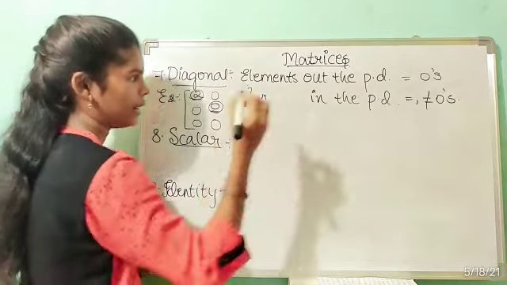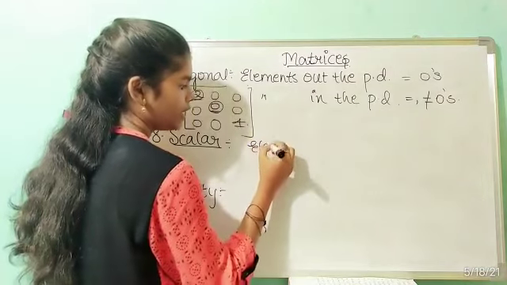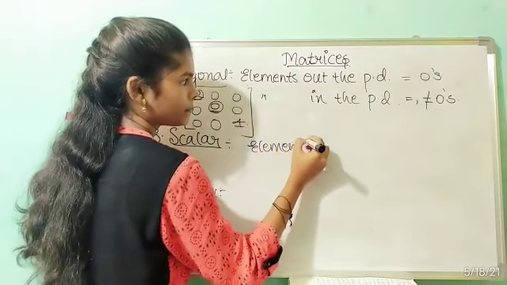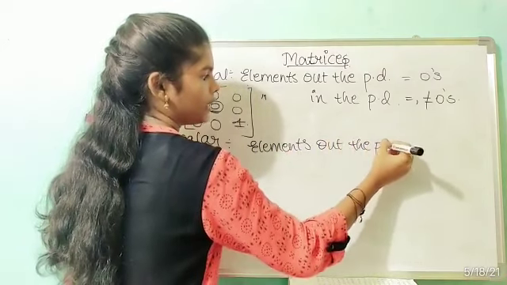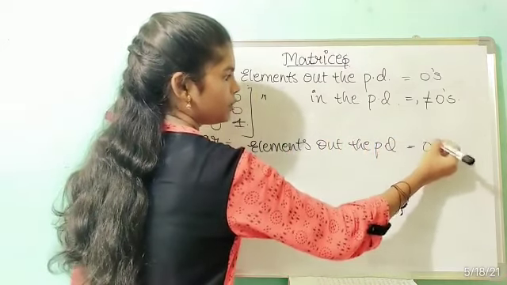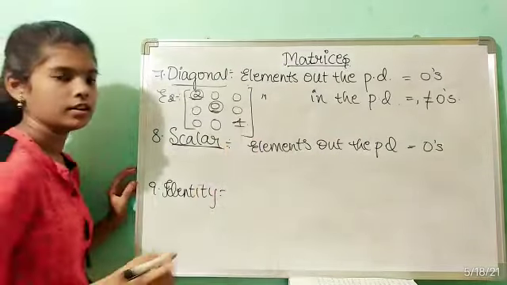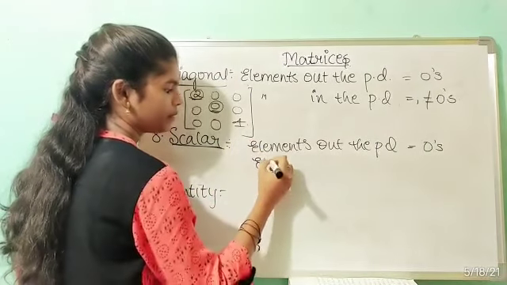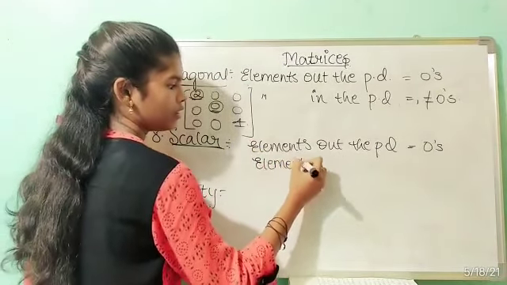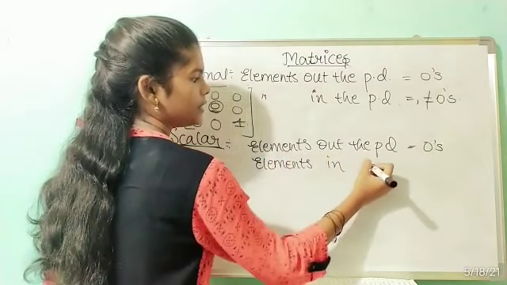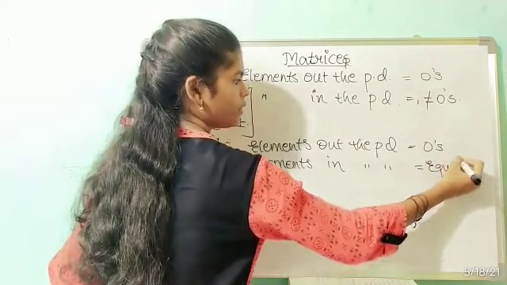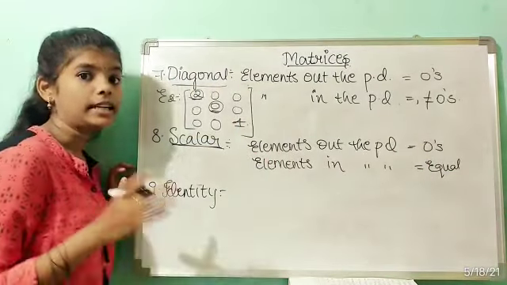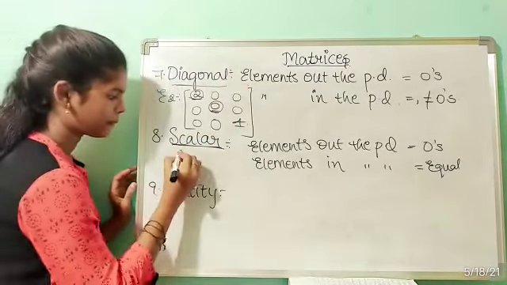Coming to the scalar matrix, elements outside the principal diagonal must be equal to zeros, whereas elements inside the principal diagonal must be equal. Whatever the number may be, but it should be equal.